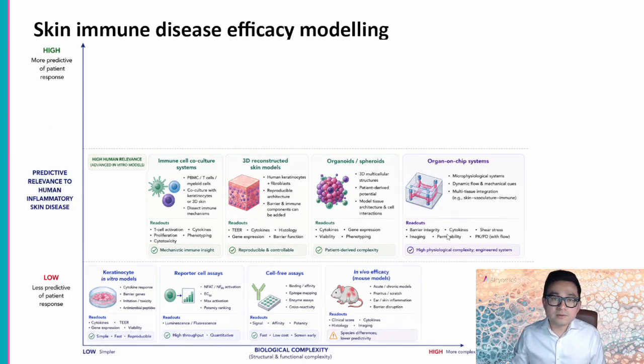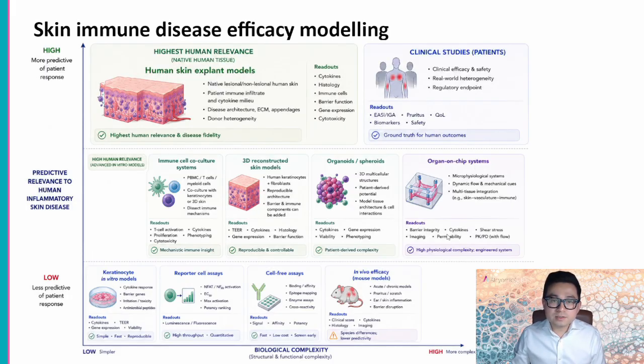On the other hand, working backwards from humans, we of course have clinical studies, which are highly costly, and then we have models induced using human skin explants, which serve the best balance between disease complexity, throughput relevance, and ease of testing.